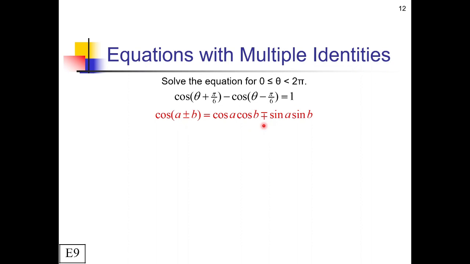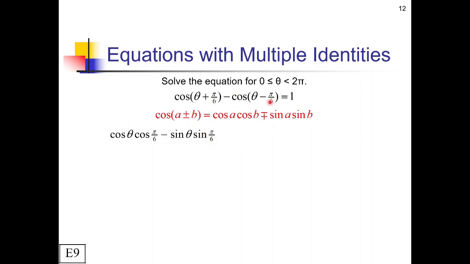So I'm going to write minus plus instead of plus minus. And then we have sine of A and sine of B. So I've got cosine of theta times cosine of pi over 6. And then, since we're doing a plus in the beginning, we're going to be subtracting. So this is going to be minus sine of theta times sine of pi over 6.